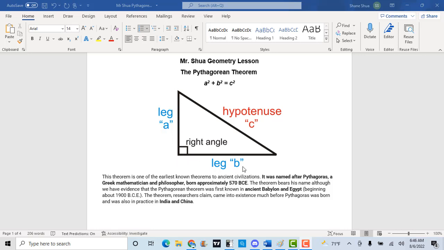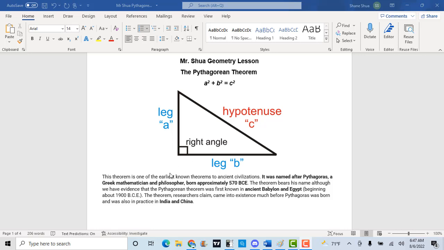This is leg 1, this is leg 2, or leg A and leg B. And if you square the length of this leg and add it to the square of this leg, A and B, it's going to be equal to the square of side C. Side C is the longest side in any right triangle and is referred to as the hypotenuse. And the hypotenuse is always the side which is opposite the right angle of a right triangle.